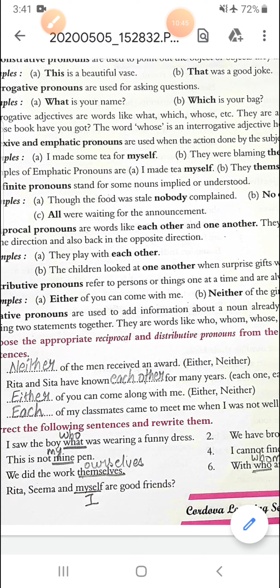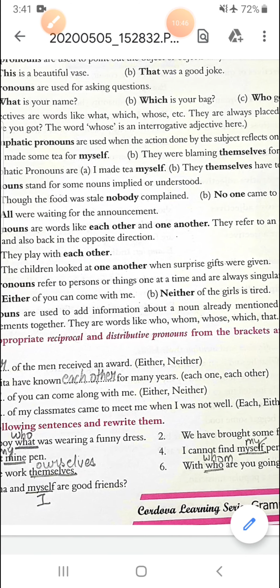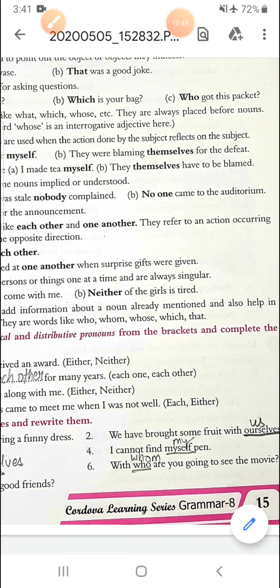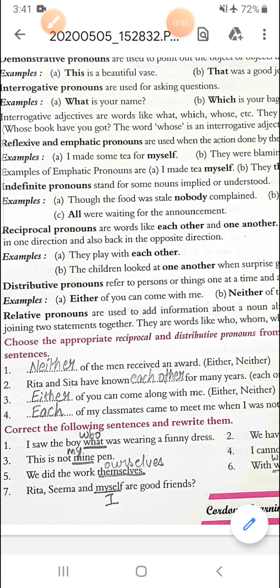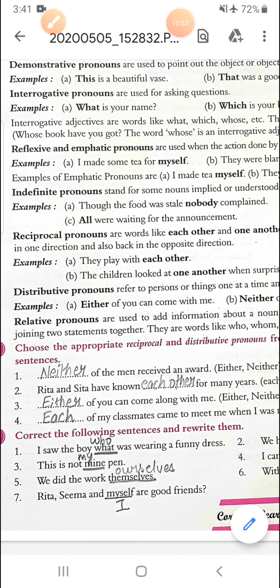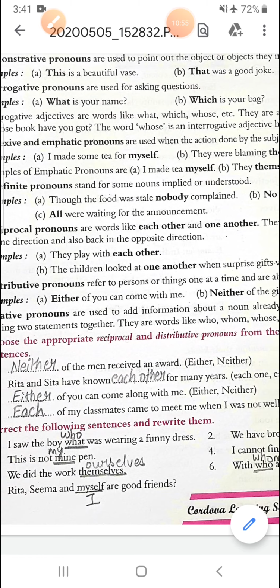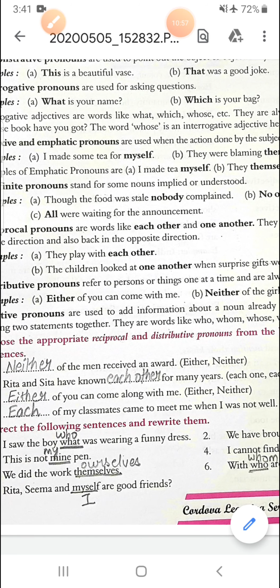Reciprocal pronouns are words like each other and one another. They refer to an action occurring in one direction and also back in the opposite direction, like each other, one another. They play with each other.